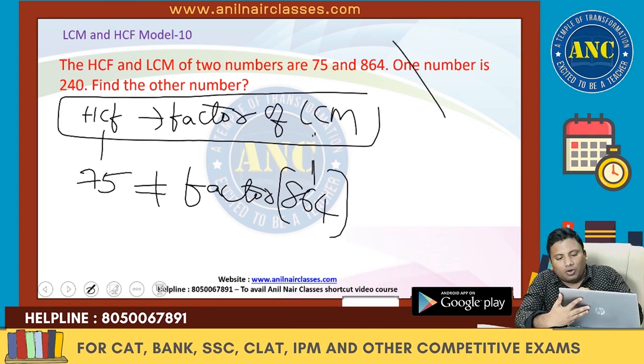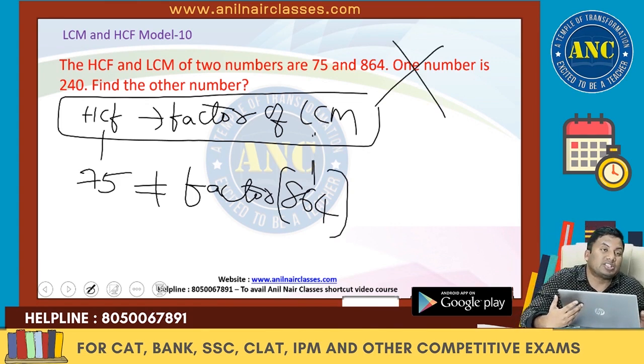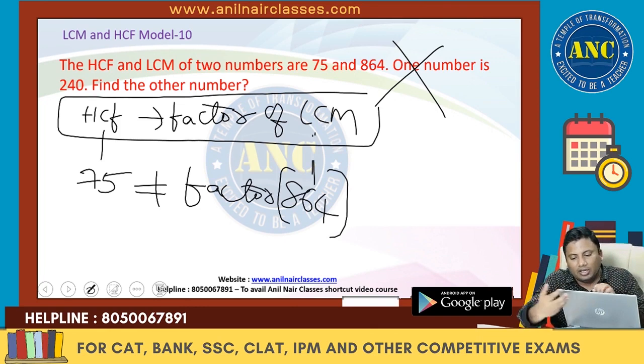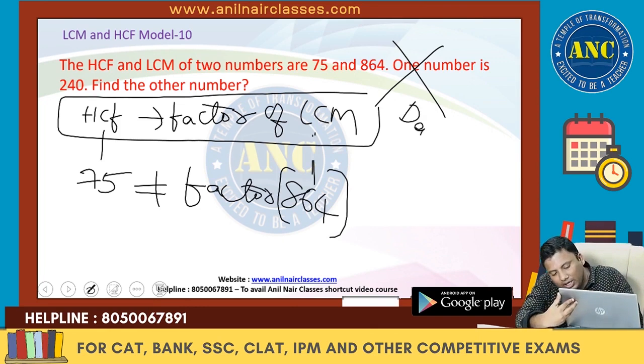So in this question, inconsistent data is given. The numerical values are given without even thinking. So the answer again for this question is data inconsistent.